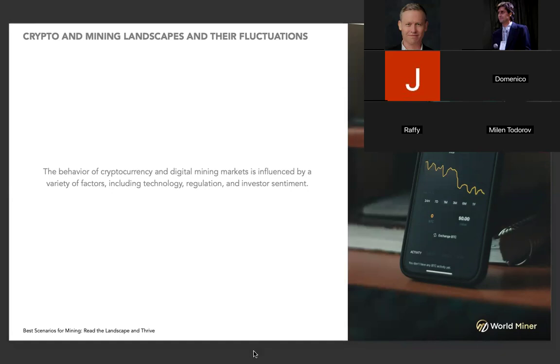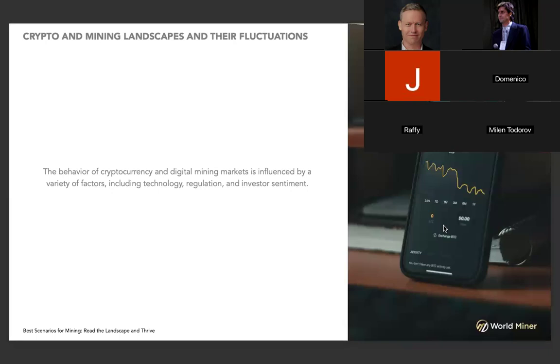So the behavior of cryptocurrency and digital mining markets is a complex but fascinating topic. The dynamics and interaction, for example, between Bitcoin price and its mining cost are tightly linked.